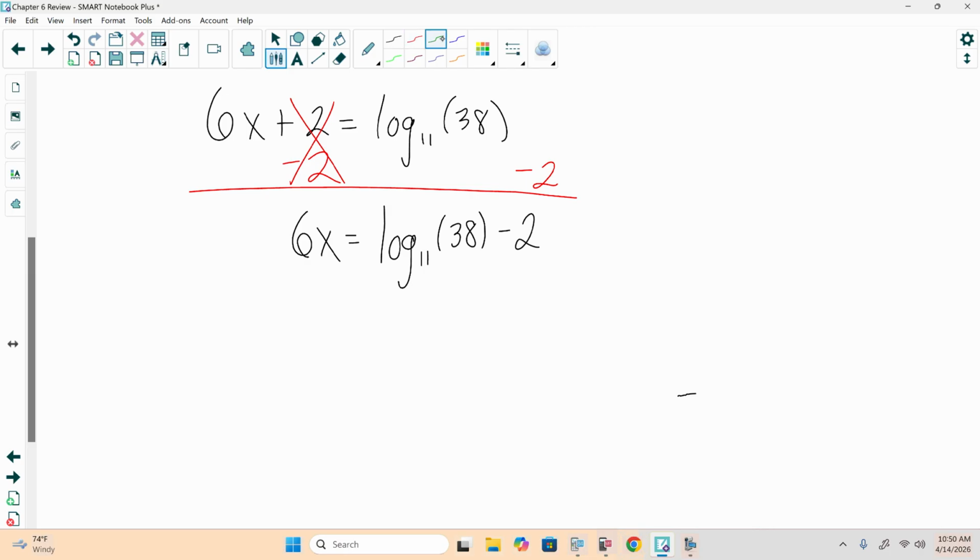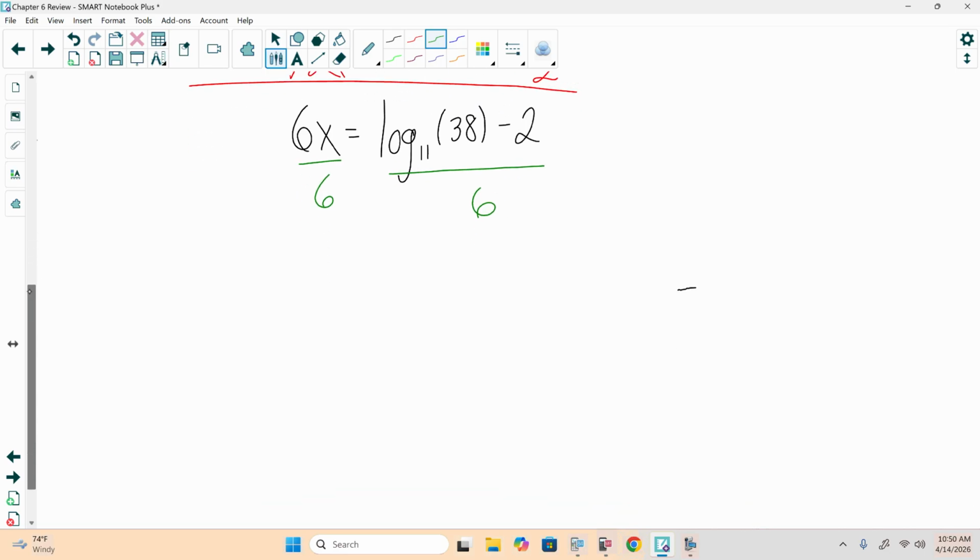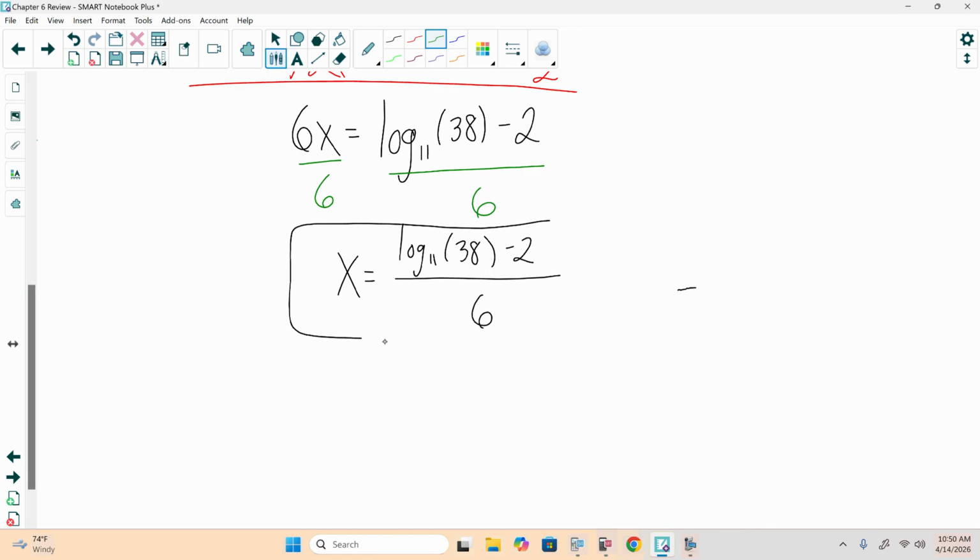And last but not least, to get x by itself, we're going to divide both sides by 6. Telling us that x is equal to log base 11 of 38 minus 2 all over 6. X is by itself, so this here is solved.